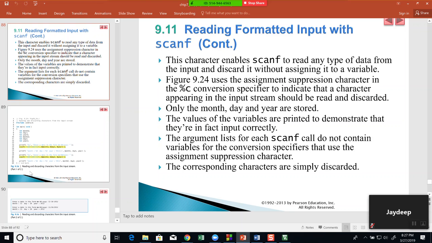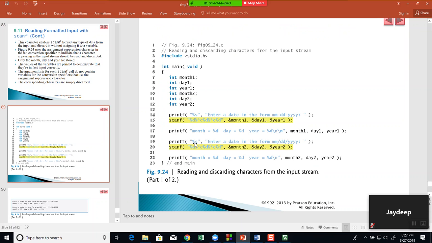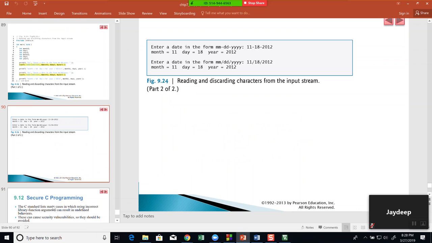Doesn't say anything about the asterisk. If I had to guess, I'm guessing it's if you had more than one character. Like you had slash, it would ignore it. This just shows if you put a dash or you put a slash, it gets rid of those extra characters.